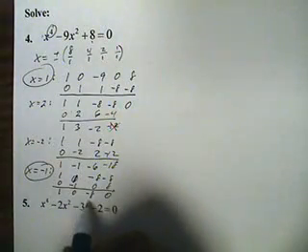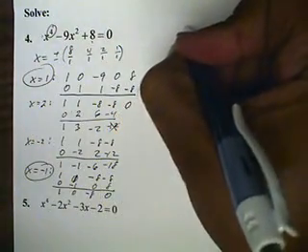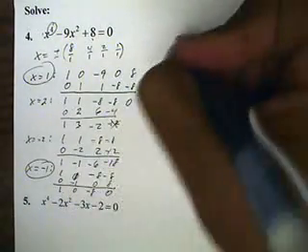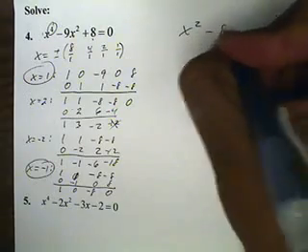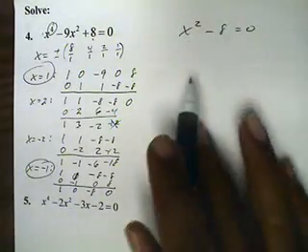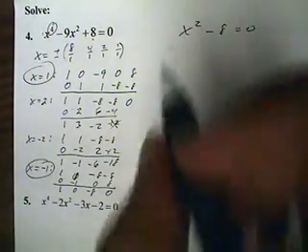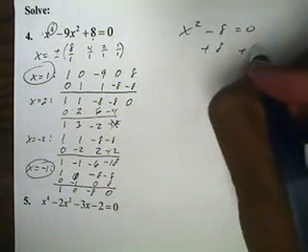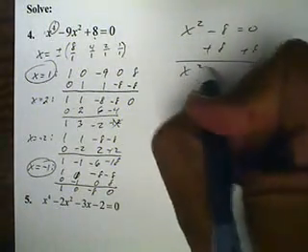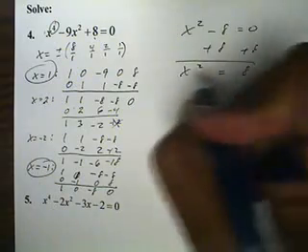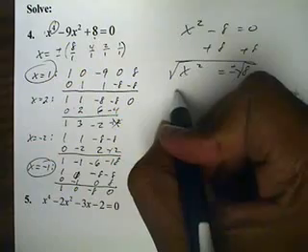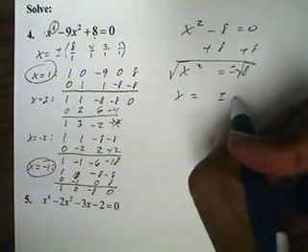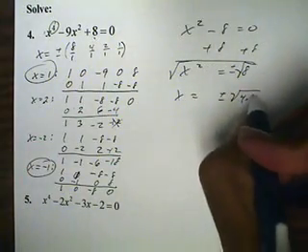So let's use the remainder here. This is 1, 0, negative 8, which becomes 1x squared minus 8 equals 0. And now I'll solve this by adding 8 to both sides. I'll have x squared equals 8. Then I'll take the square root of both sides, which is plus or minus. And we get plus or minus the square root of 4 times 2 for 8.